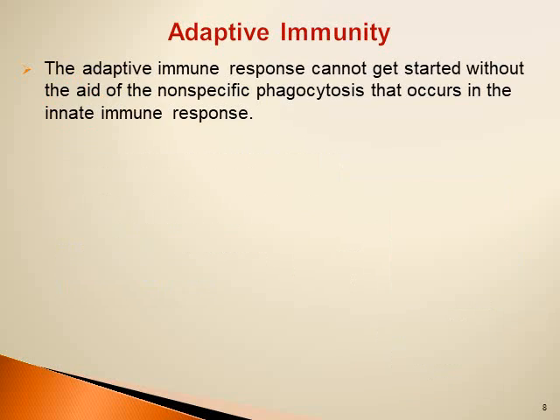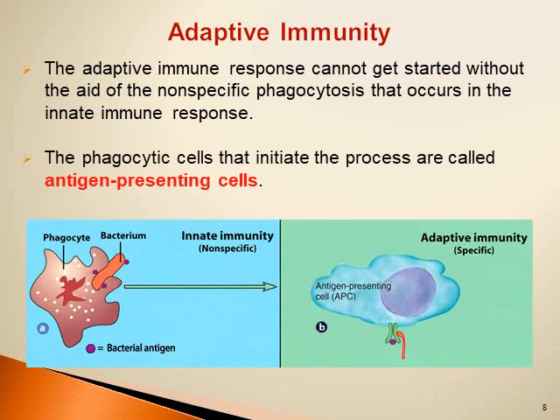The adaptive immune response cannot get started without the aid of non-specific phagocytosis that occurs in the innate immune response. How? The phagocytic cells that initiate the process are called antigen-presenting cells.